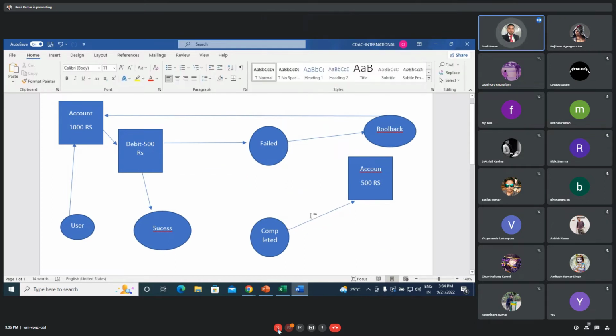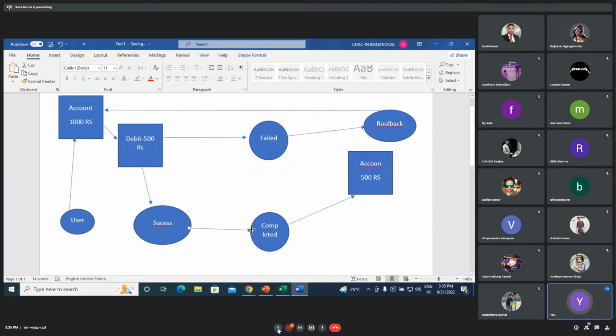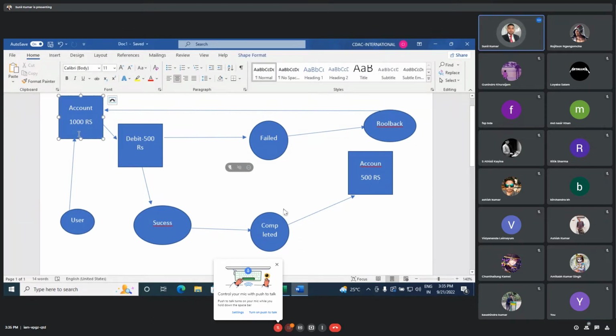Does everyone understand, or is further explanation required? Because initially in your account there were 1000 rupees. You made a debit request of 500 rupees.